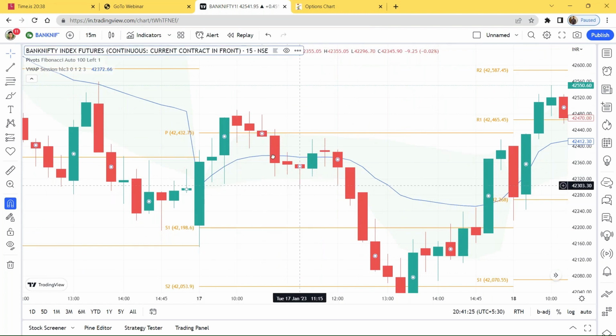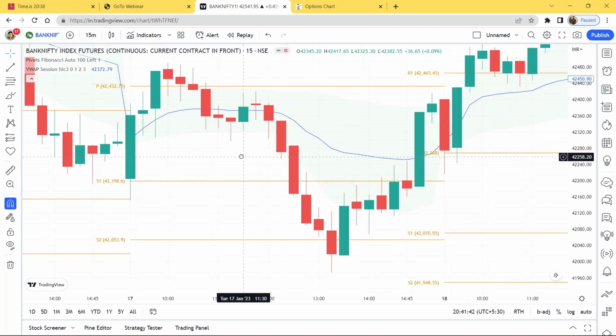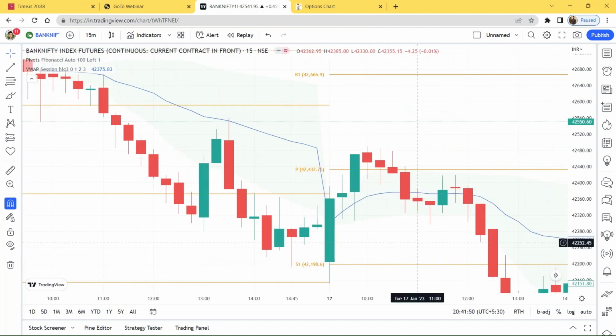Because you cannot see a single candle which has crossed both VWAP and pivot. You can see this candle crossed only the pivot but not touched VWAP. This candle, 10:45, crossed and closed below the VWAP but not below the pivot. This candle, 12:30, crossed the pivot only, not the VWAP. So we didn't get any trade.